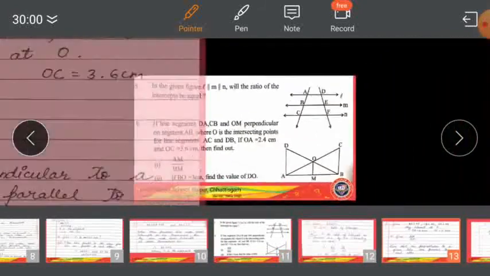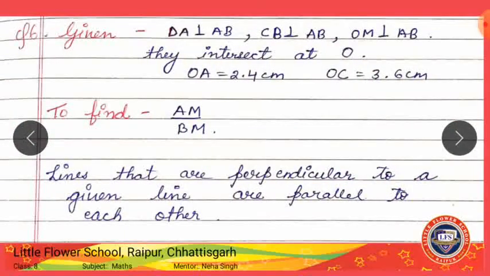See what you are going to write. First, you will write the given part: DA, CB and OM are perpendicular to line AB, and AC and DB intersect at O. OA and OC values are given. You need to find AM upon BM. So what are you going to write?